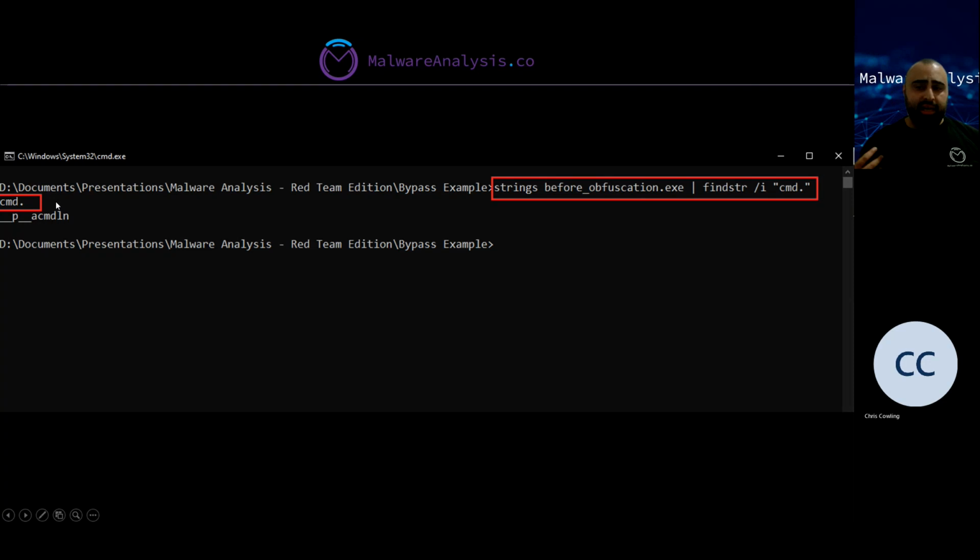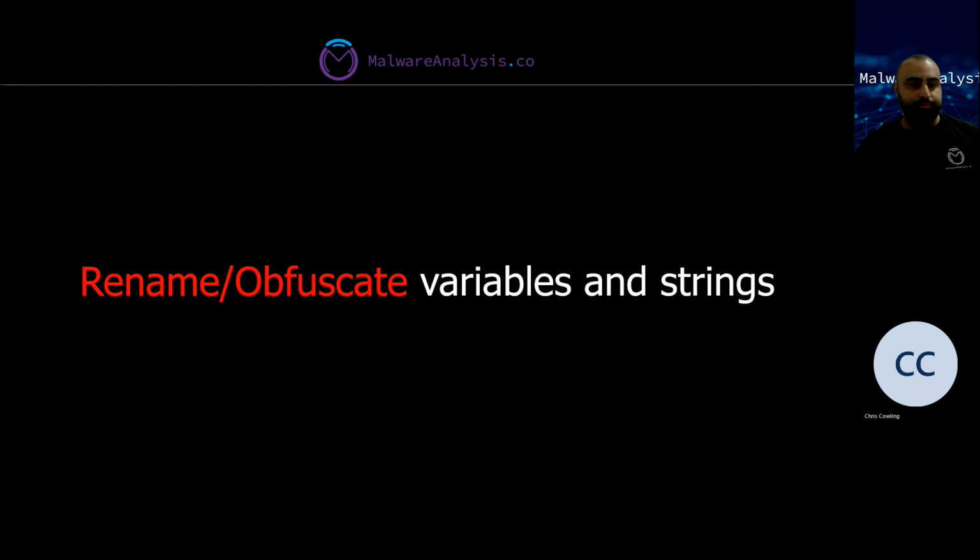A lot of times in malware, whenever you see CMD something, it can tell you that it tries to execute some commands on your machine. So it can be another indicator of malicious or suspicious activity. Okay, so as a red teamer, I understand it. Fine, now I'll go and try to hide it somehow.